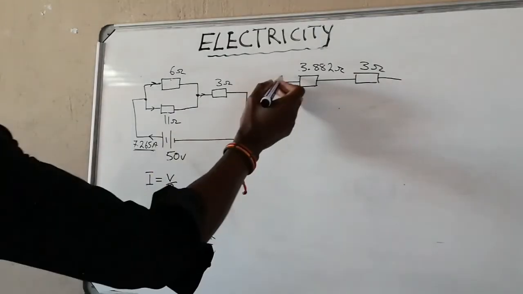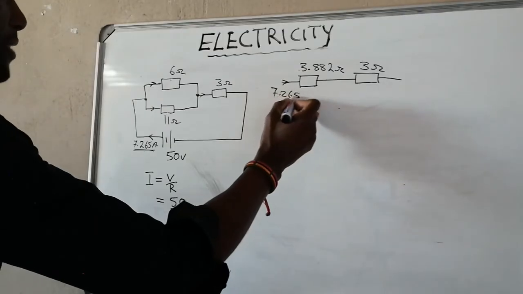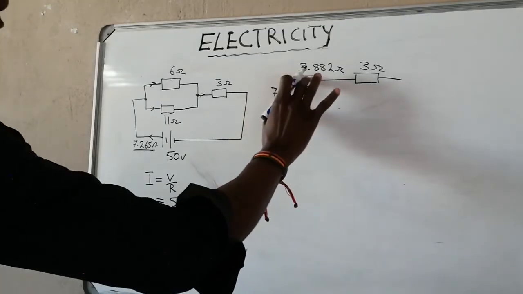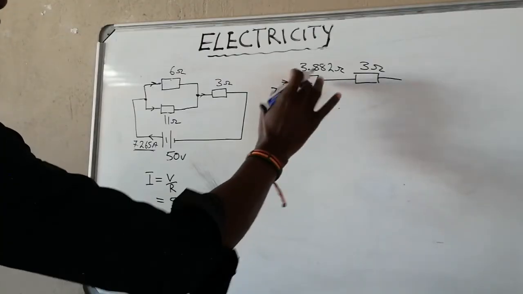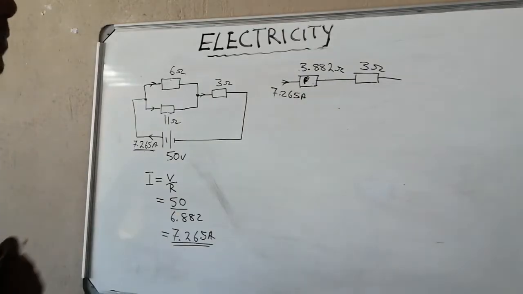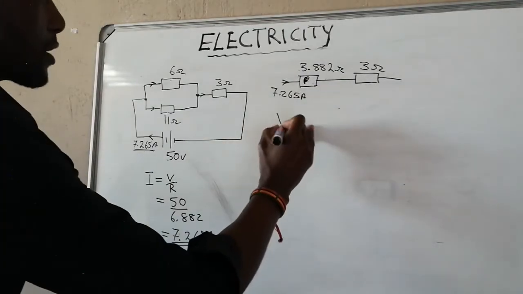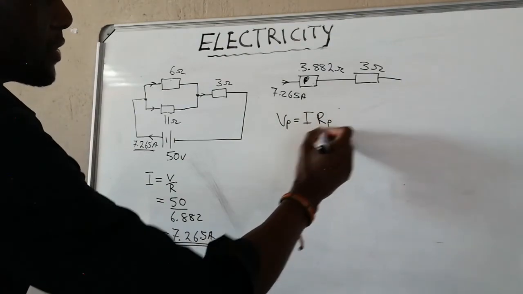All right, and the current that is going through them is 7.265 amps. So the voltage across, this is a parallel, your parallel resistors. So the voltage across your parallel combination is your current times your parallel resistors.